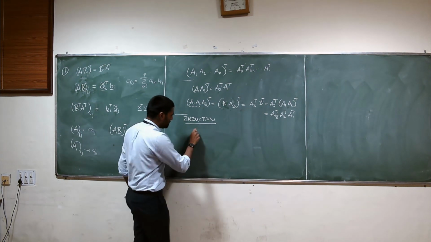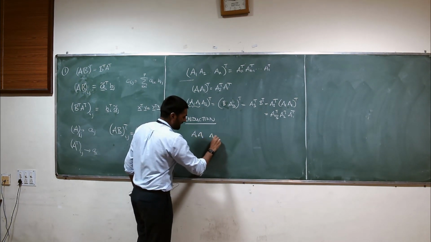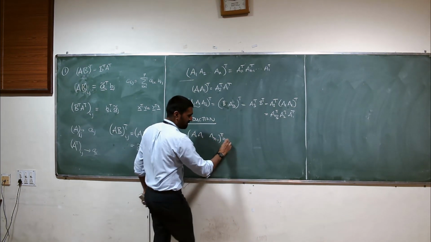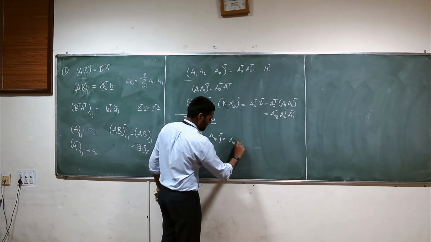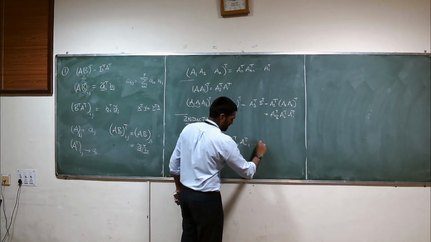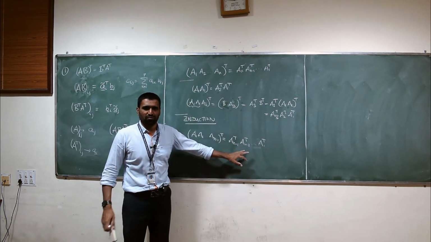Let's assume that (A1 A2 ... A_{n-1}) transpose is in fact equal to A_{n-1} transpose ... A1 transpose. Let's assume this is true without any proof.